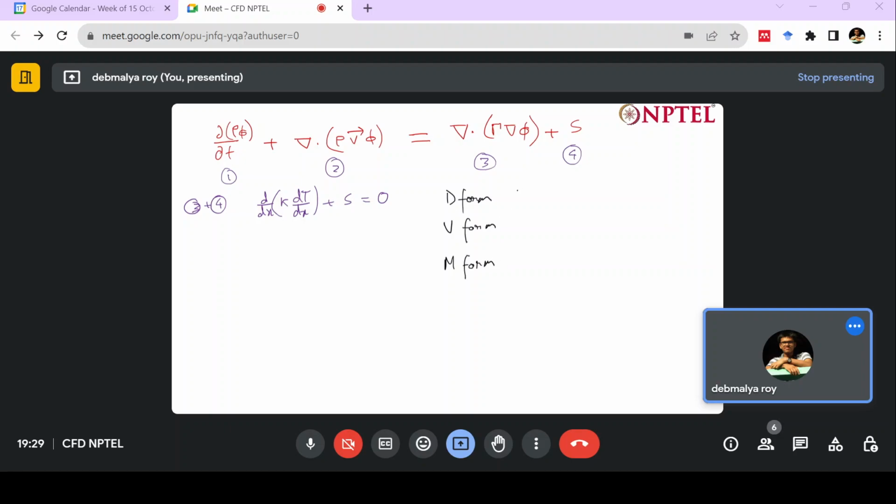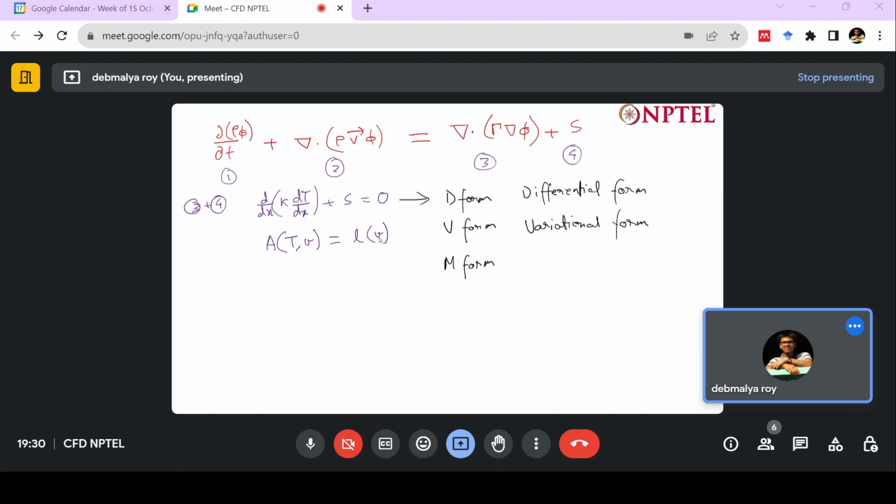What is this D form? D form is simply differential form, the way we write the equation. What is V form? V form is variational. If you recall, it is a form where you write the equation in this way, where V is a variational parameter and T is the temperature itself.